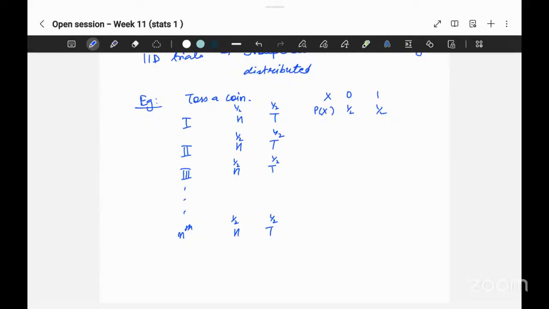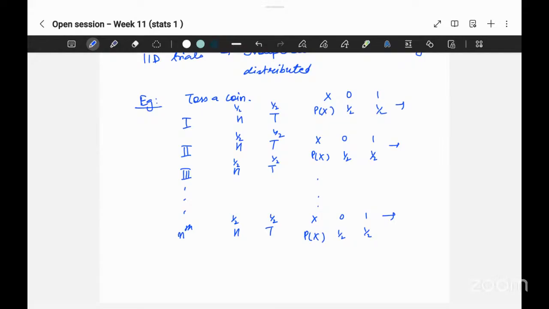Similarly, for the second toss, 0 and 1, my probability will be 1 by 2, 1 by 2. For the nth toss also, x is taking value 0 and 1 with probability 1 by 2 and 1 by 2. For each of the tosses I have the same probability distribution. Yes or no?